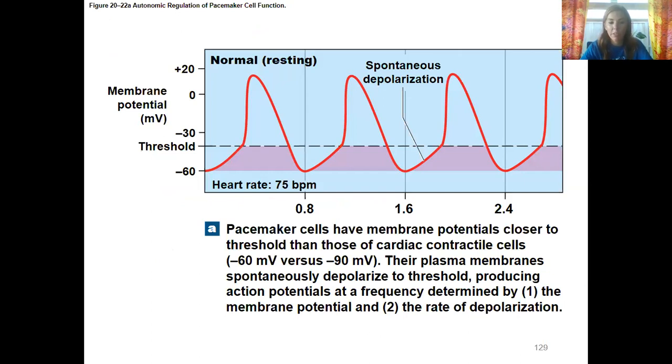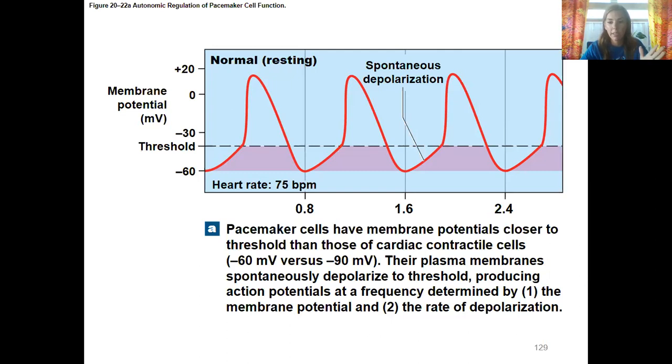These pacemaker cells, the cells that are autorhythmic, the ones that spontaneously depolarize, when we look at their plasma membranes depolarizing to threshold and producing the action potentials, this is the funky little graph that we get whenever we put this on a chart.